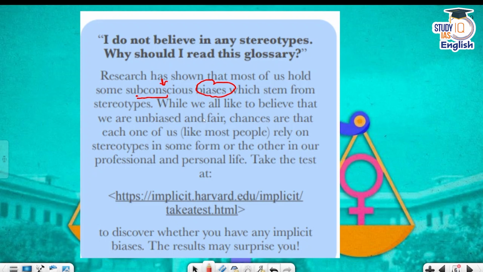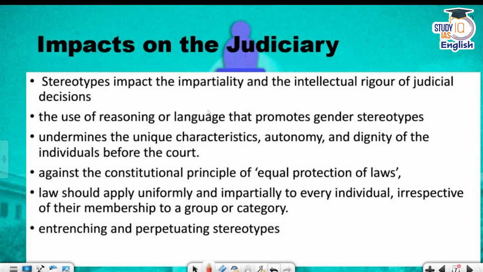Oh, I also met a person of a similar religious group or a similar state or a similar union territory, and they behaved like this. Now, this person who also may belong to a similar religious group or state or union territory is also expected to behave in a similar manner. So, everybody has this subconscious bias.